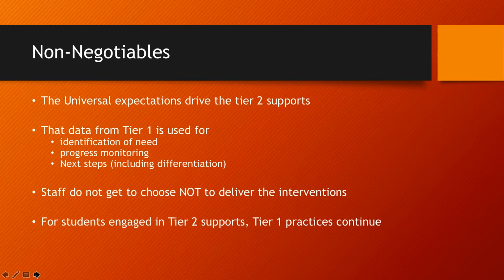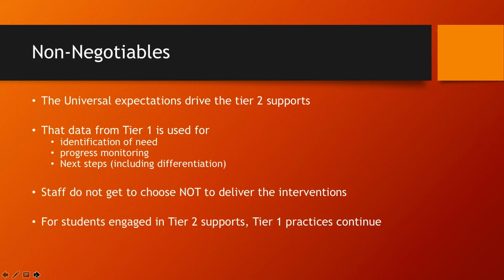Kent, anything you'd add? Yeah, going back to the universal expectations, one of the things we also want to make sure our staff understand, regardless of whether we're talking about Tier 1, Tier 2, or Tier 3, is that the expectations and the matrix we use as our universal curriculum have a very specific purpose, and I don't think we frequently talk about it.